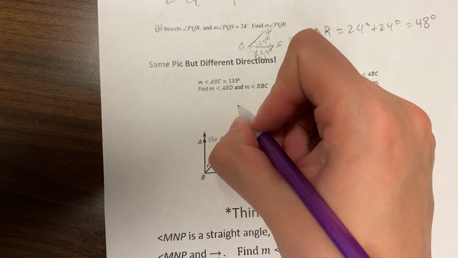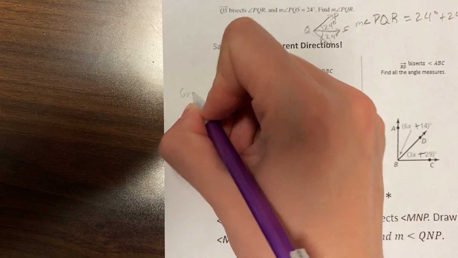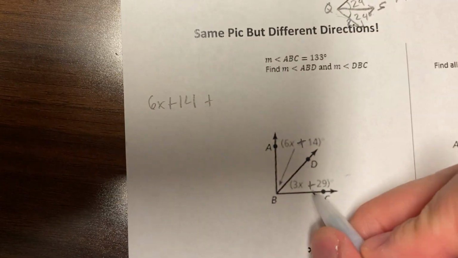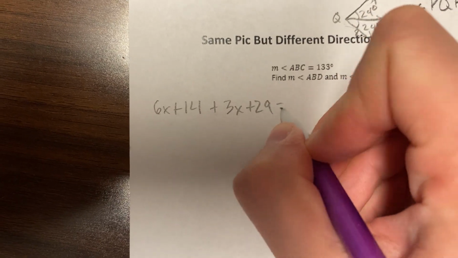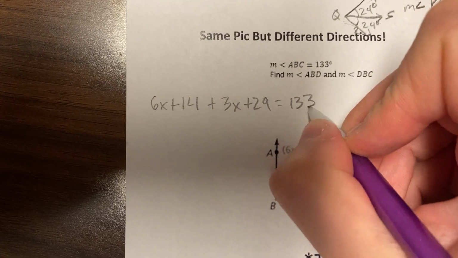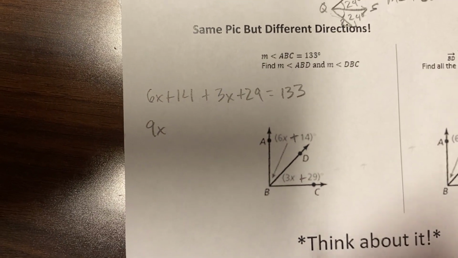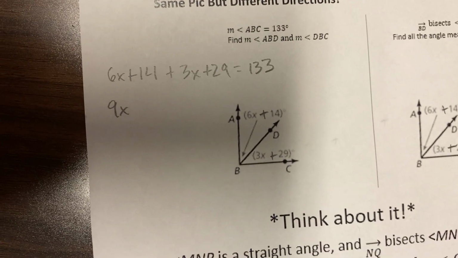So that's just what we talked about in the first section. So we'll do 6x plus 14 plus 3x plus 29 is equal to 133. All right, and then from there, we're just gonna solve. So we get 9x plus 43, just make sure.